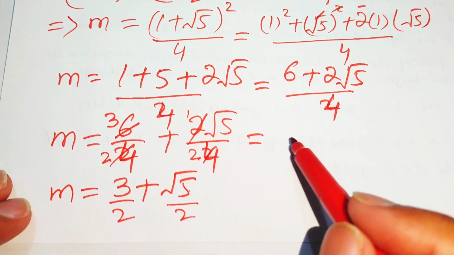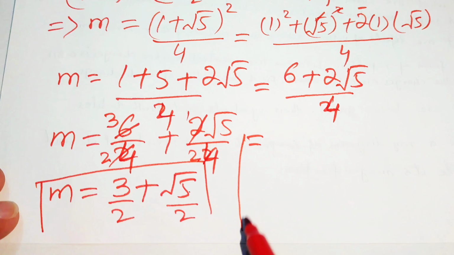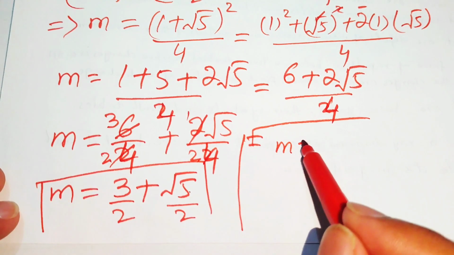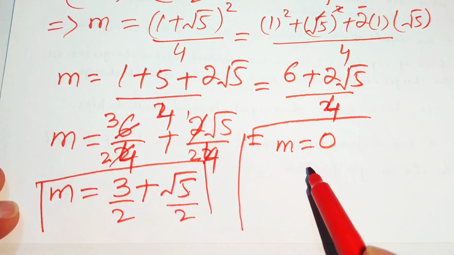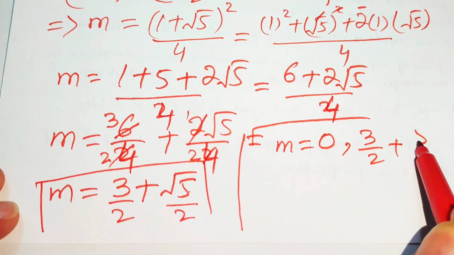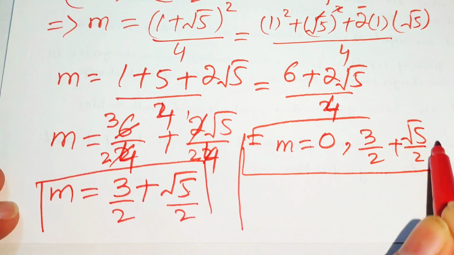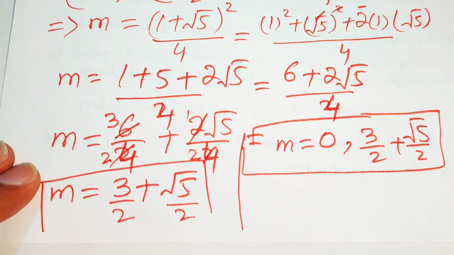So finally we have the two solutions of this problem. The first solution is m equals 0, and the second solution is m equals 3 over 2 plus square root of 5 over 2. So these are the two positive solutions of this question.